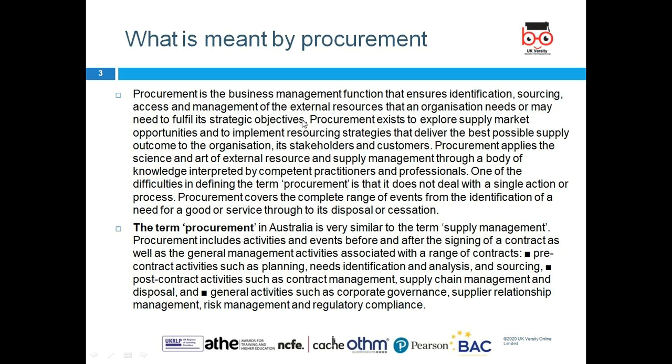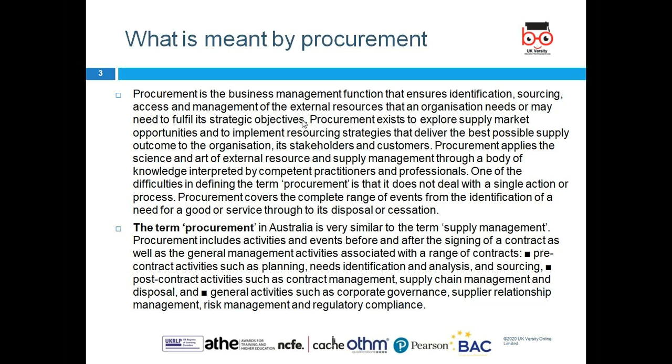So why is procurement important? Why do you think procurement is important in our organization? Because you arrange and acquire materials, because you cannot produce or manufacture everything in your own facility, and some components need to be outsourced.